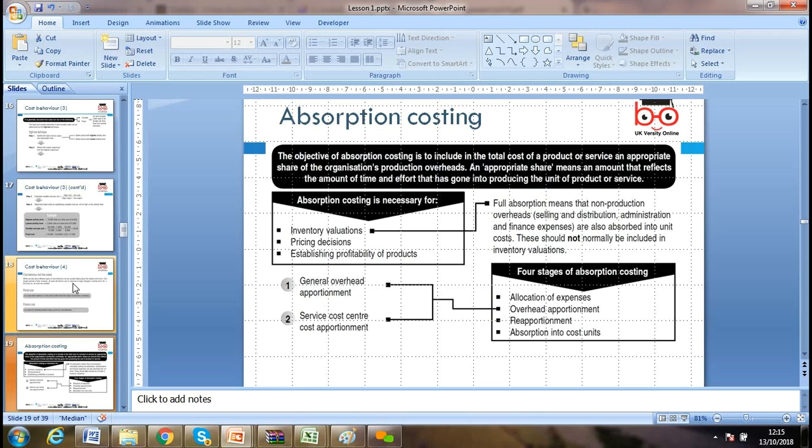Absorption cost is also known as full cost, including all direct and indirect costs, all overheads. Sometimes you say you bought it for 10 pounds and sell it for 12 pounds, but at the end of the year you're paying accountant fees, admin, and legal fees to get the license. Those costs you need to absorb into the product, then you can see how much each unit is overall costing you, to charge the right price to the customer.